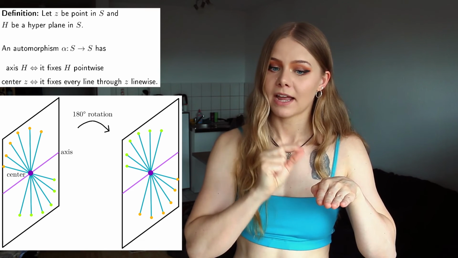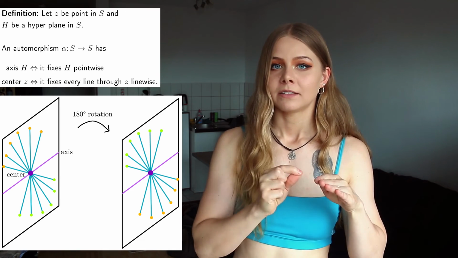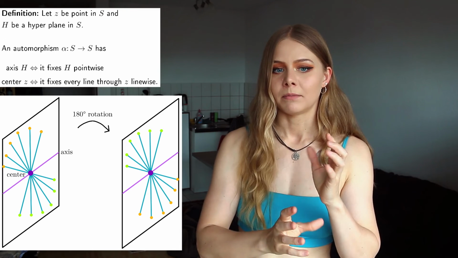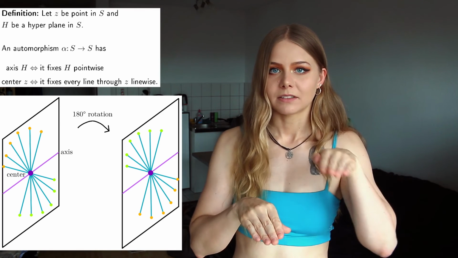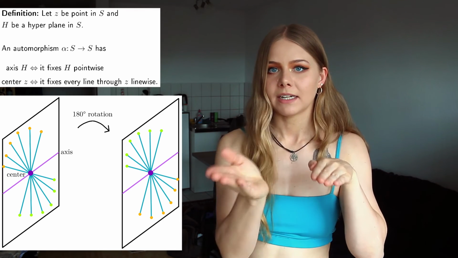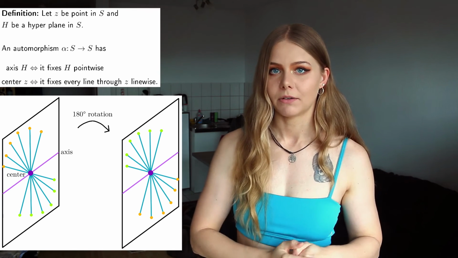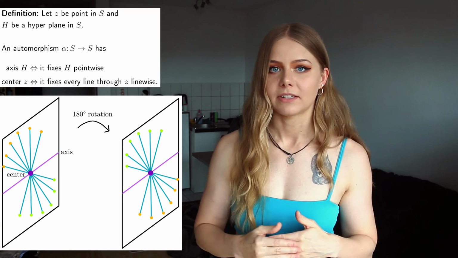It does not have to be fixed pointwise, that is important, but line-wise. So for example, if we look at this picture and we rotate it around 180 degrees, then we see that the axis is fixed pointwise and every line through the center is fixed line-wise but not pointwise. So this would be an example of an automorphism with axis H and center Z.